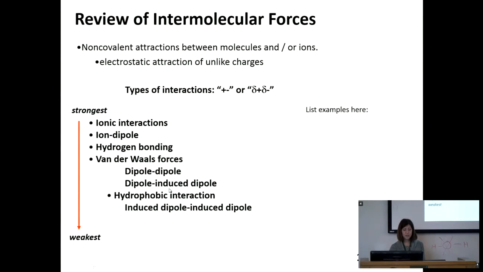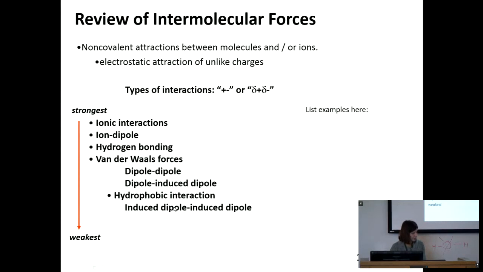Our dipole-induced dipole, when we have an induced dipole, what you have is something that's non-polar, but when it comes towards something polar, the electrons get swished around. Our hydrophobic interactions we're going to talk about later, and our induced dipole we'll talk about later. But hydrophobic interactions happen between water and something that's non-polar.